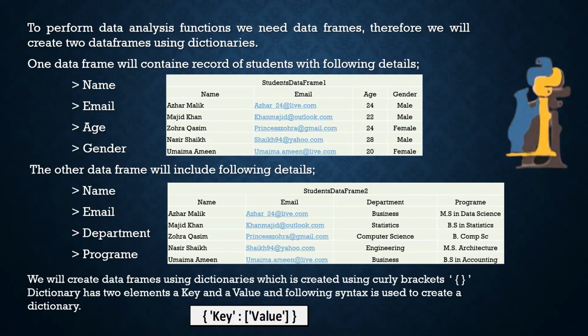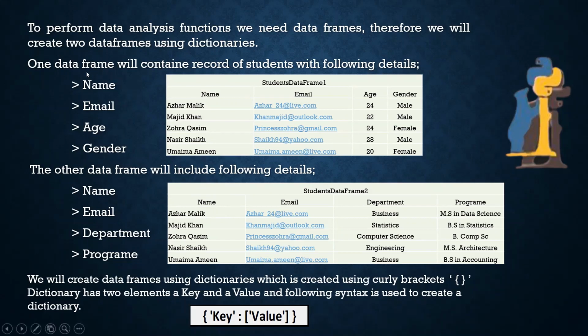Dictionaries are created using a curly bracket method, and it has two components: key and its corresponding value. Keys are the names of the columns of our data frames, and values are the contents of respective columns of our data frame. So let's create a dictionary and then we will convert it into a data frame.